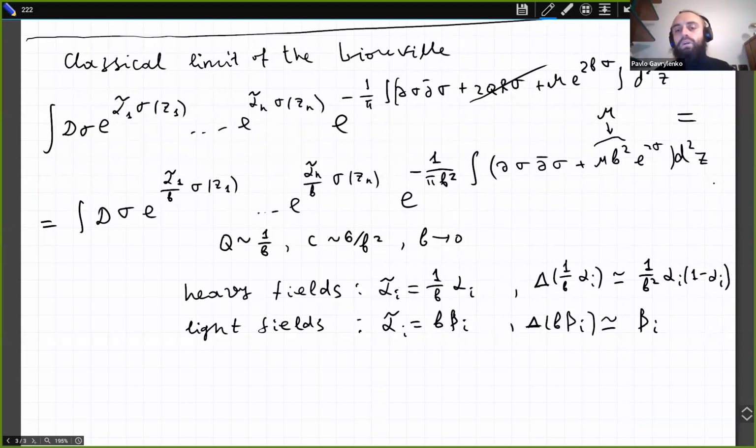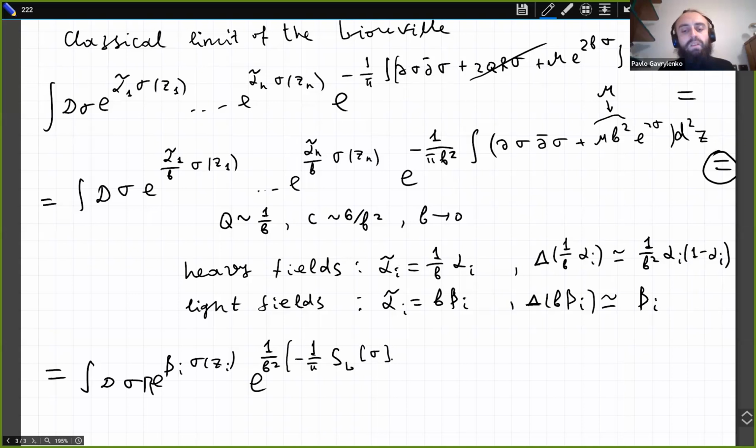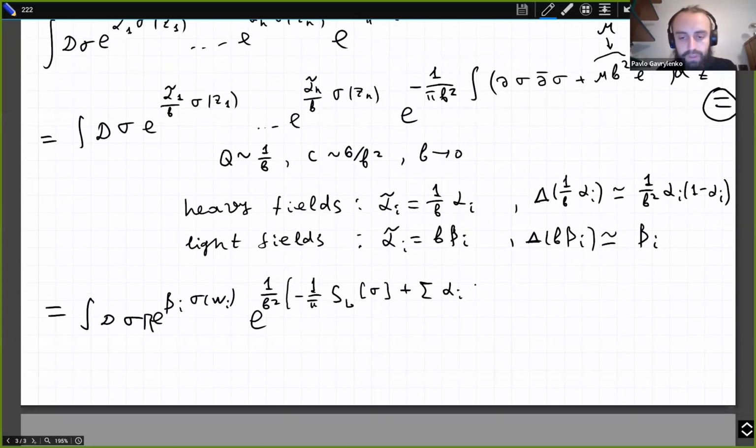So now we can write that this correlator equals to the path integral d sigma e to some number of light fields times exponential of 1 over B squared minus 1 over pi Liouville action of sigma plus sum of alpha I sigma of the w i's.